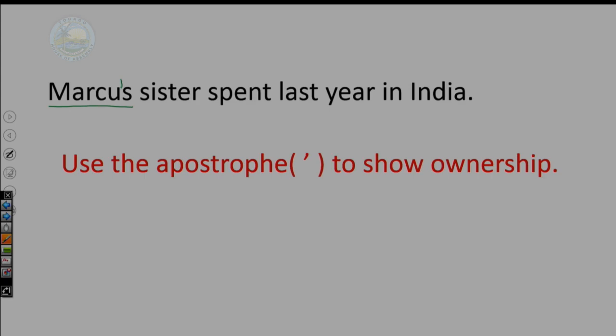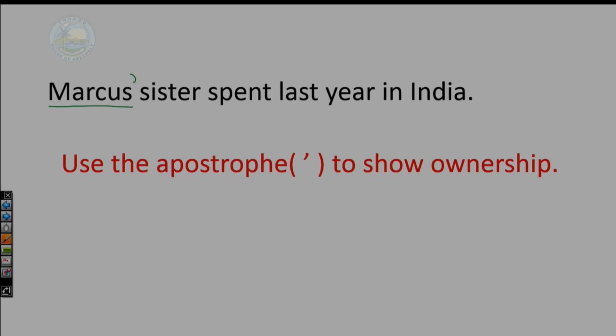So we must have the correct spelling of the word. Let me take this off here. We must have the correct spelling of the word first, and then we place our apostrophe. So the apostrophe will come after the S. And the sentence is now read as, Marcus's sister spent last year in India.